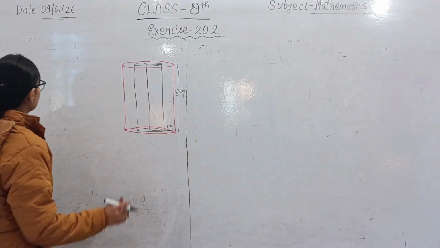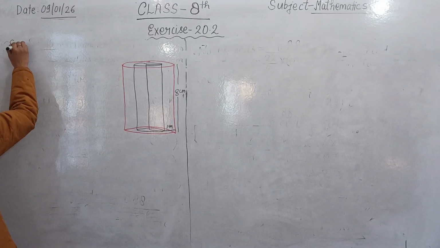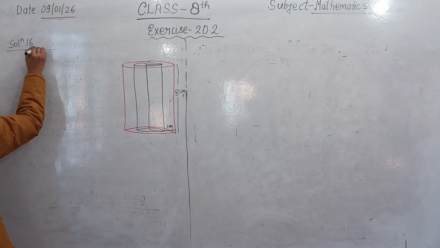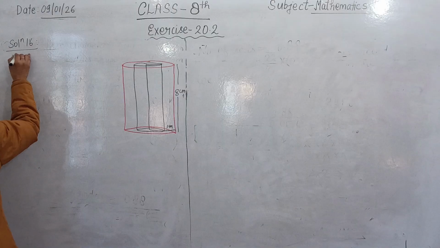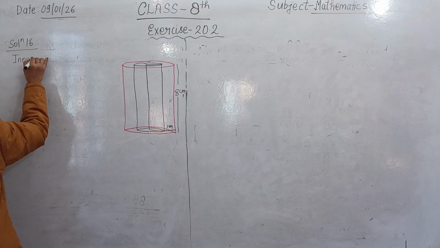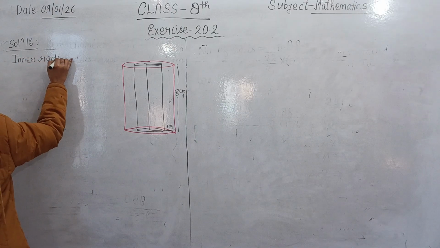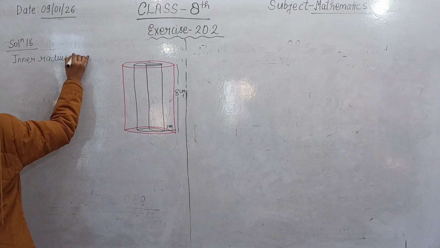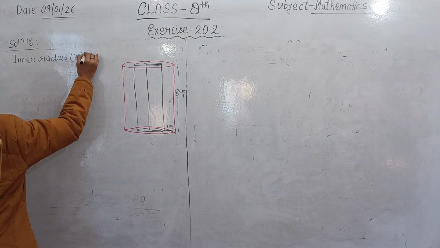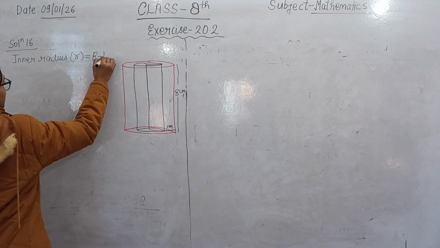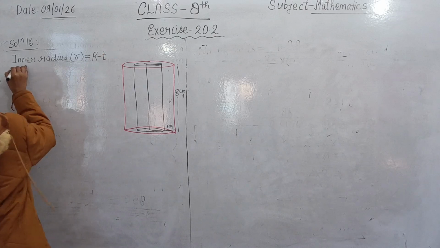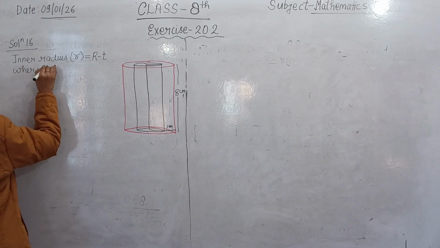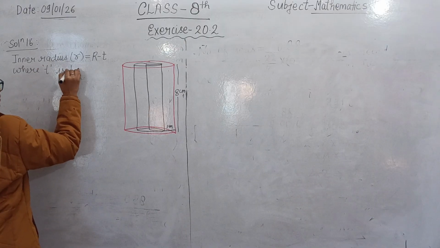So first of all, we will calculate the inner radius. Inner radius, which is denoted by small r, is given as capital R minus T, where T is thickness.